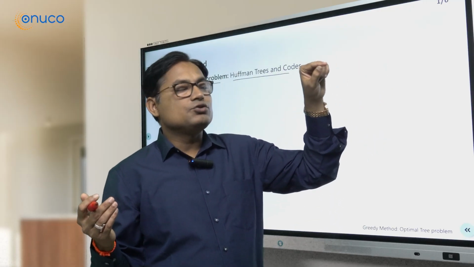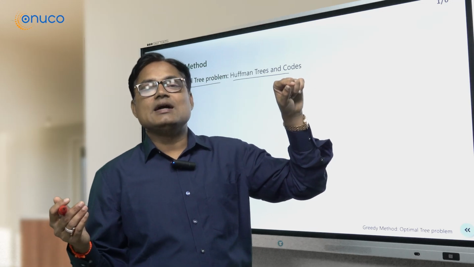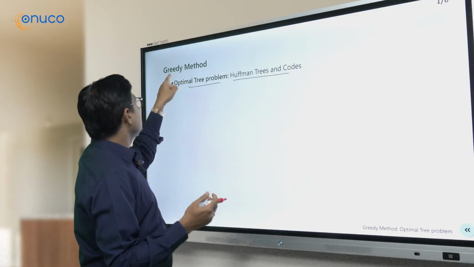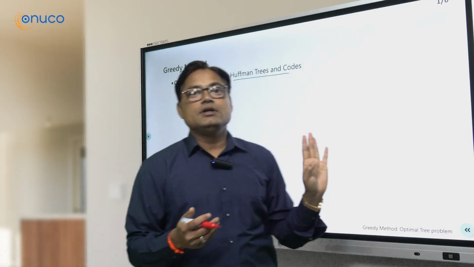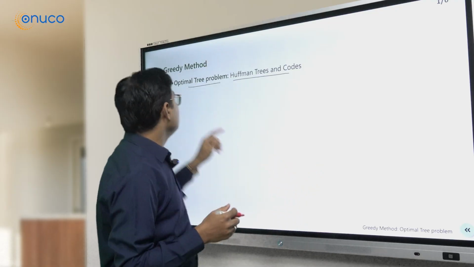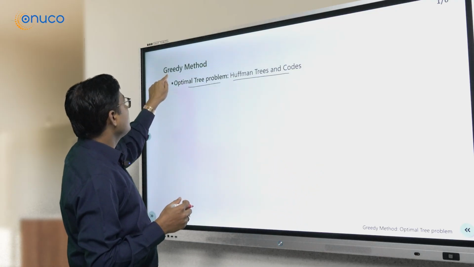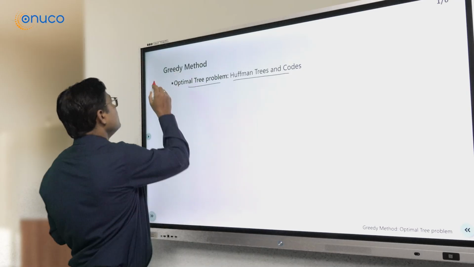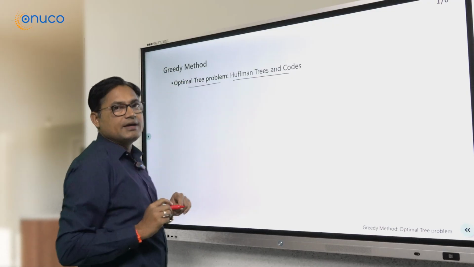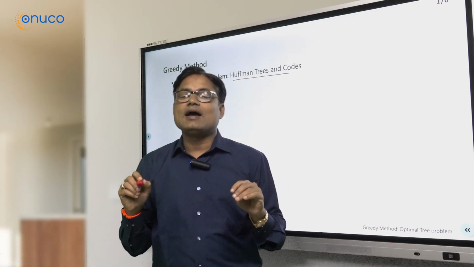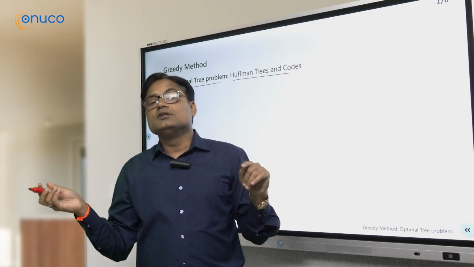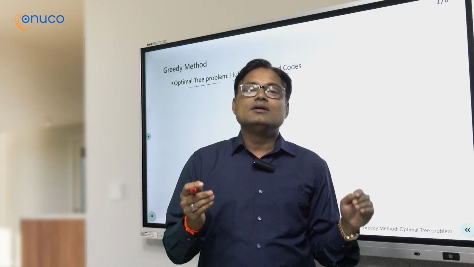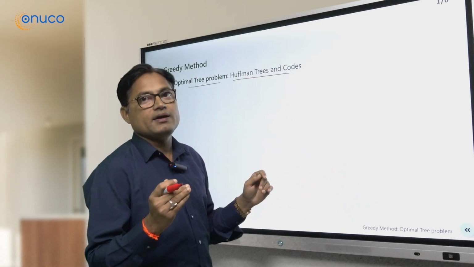So when we encode, for example, "greedy", G will have 5 bits, E will have 5, E, D, Y, 5 each. That is 1, 2, 3, 4, 5, 6 letters, so greedy takes 6 into 5, 30 bits in encoded form. That is called fixed length coding.